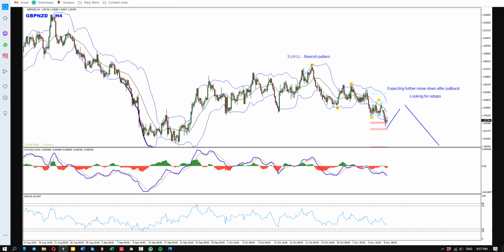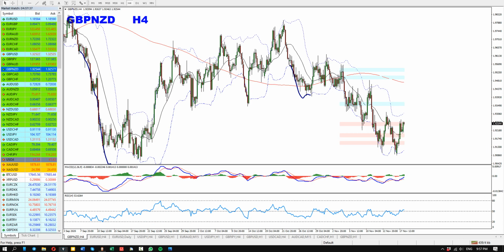Now there are many ways to work with that, but the first thing we need to see is a pullback. So let's take a look at the chart, and here is the opportunity. This is the place where we spotted 3 lower highs, lower lows, and a pullback for sell. This is our plan. So we got the pullback, and here is one of my favorite scenarios.